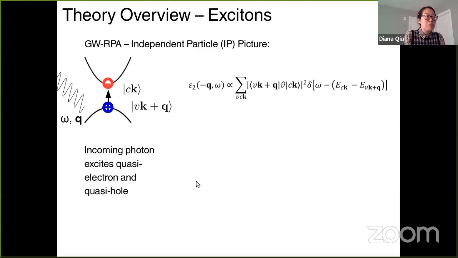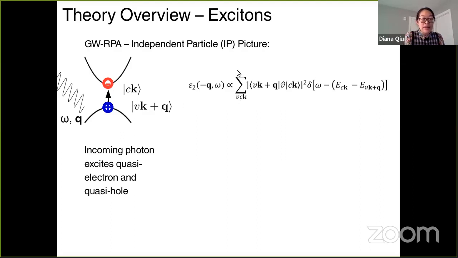Optical absorption is really a two-particle process because you have a photon coming in here and it excites an electron into the conduction band, and that electron leaves behind a hole in the valence band. If you think about this process within the GW-RPA, or independent particle picture, then you just have this transition from this hole state, v k plus Q, to this electron state, c k.